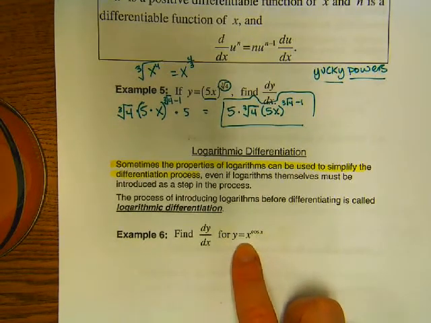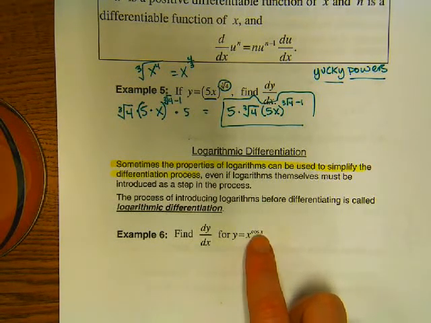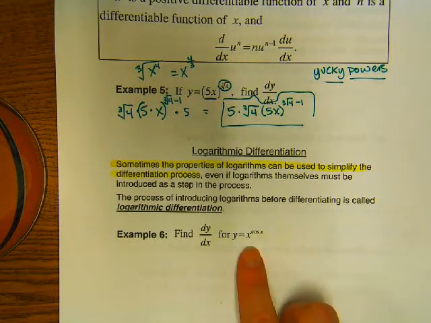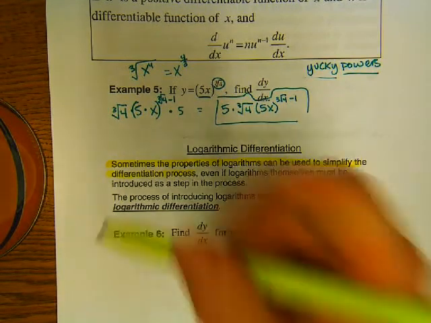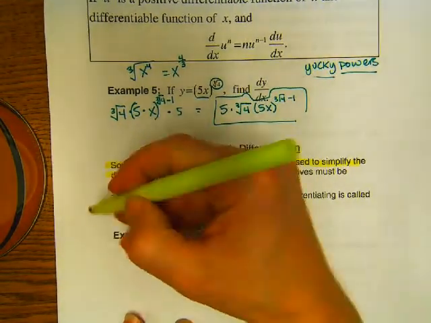So, do you see right now that this has no natural log involved at all? But if I would start to try to do this, I would have to bring the cosine x down to the front and then reduce it by 1, and that's not going to really help me a whole lot. So, especially when you have another function in the power, we use something called logarithmic differentiation.